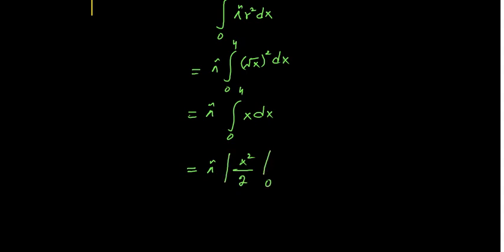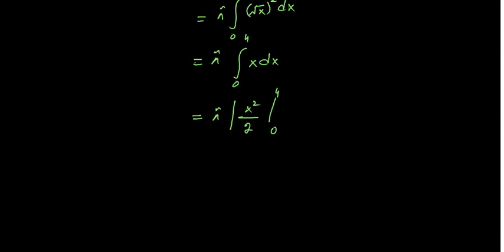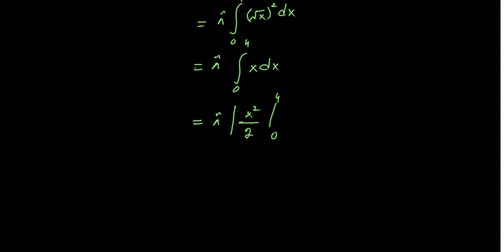Okay, so now we will apply the limits, and that becomes pi times 4 square over 2 minus 0 square over 2. We will apply the limit, right?